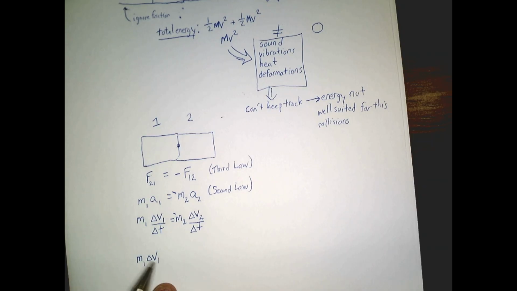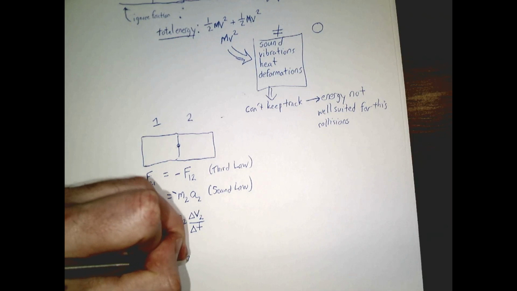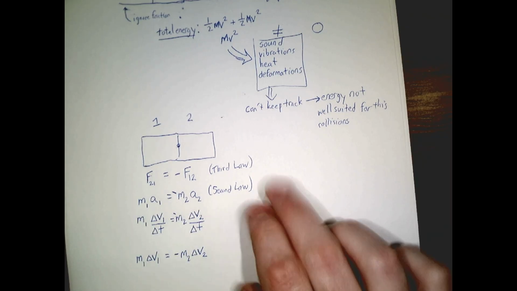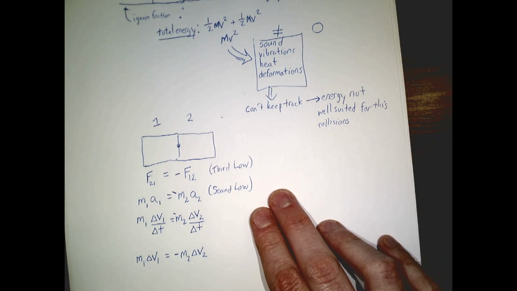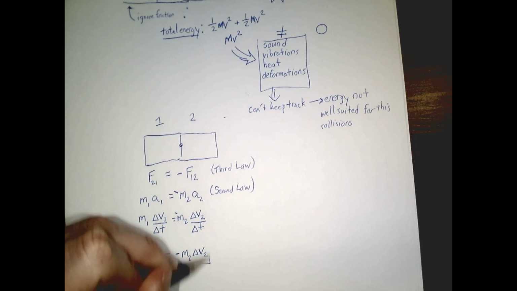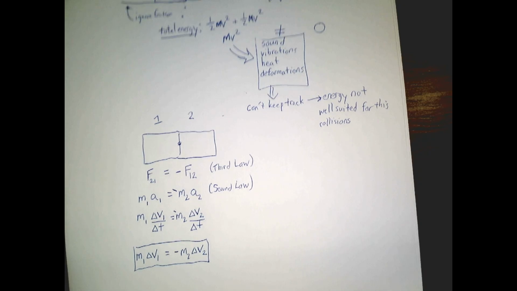And so now here's the cool thing. Vehicle 1 came in and crashed. It changed its velocity. Vehicle 2 also came in and crashed, and it changed its velocity. But in accordance with Newton's second and third laws, this has to be true. Whatever happened to car 1, mass times its change in velocity, car 2, if we multiply those same two quantities for that specific vehicle, we get the same equal but opposite thing.